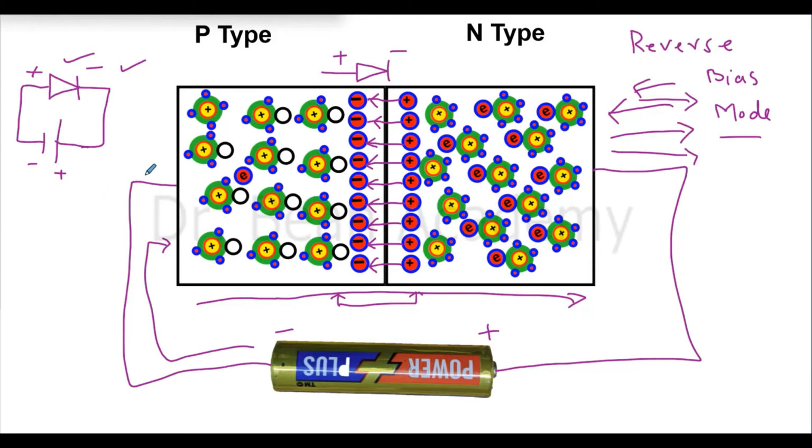And I want to remind you of one more important thing, that the arrow is showing the conventional current flow. It is not the real current flow. Like in all of my discussions, I have been using the convention of real current flow, meaning the electrons, they usually flow through the circuit.